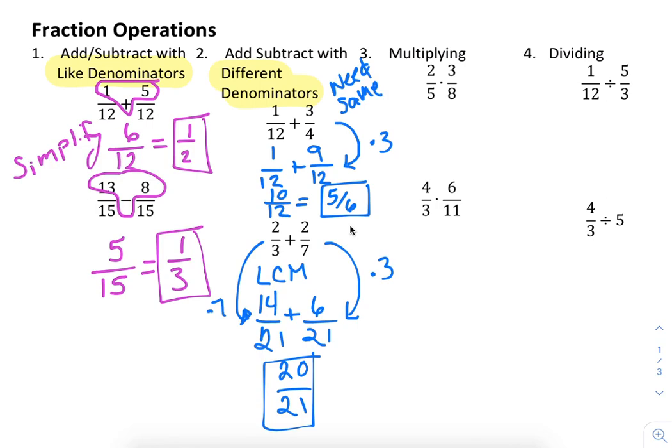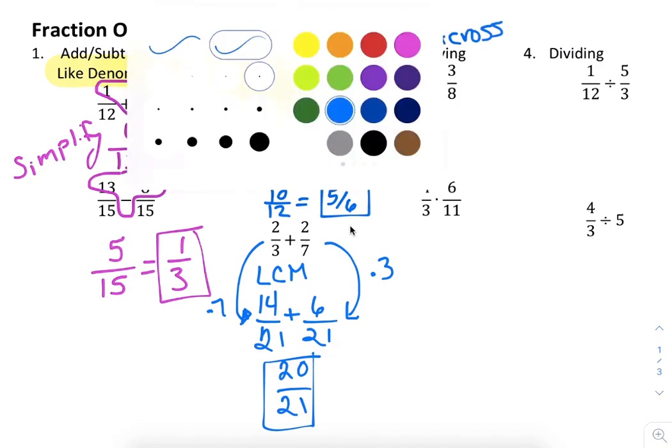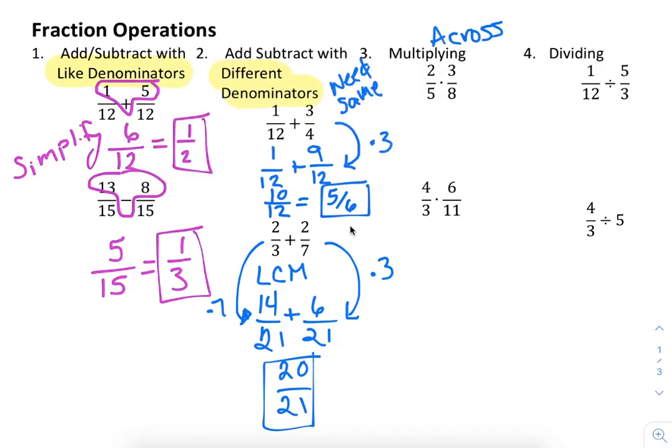Okay? Multiplying and dividing, you do not need a common denominator. Okay? The rule is strictly multiply across. Okay, so if I am multiplying 2 over 5 times 3 over 8, all I do is go straight across. 2 times 3 is 6. 5 times 8 is 40.